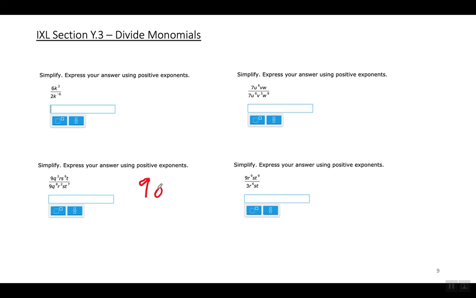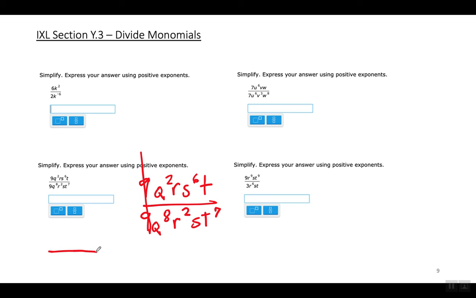So 9q squared r s to the 6th power t over 9q to the 8th power r squared s t to the 7th power. All right, so the 9's cancel out. Look, q to the 8th power on the bottom minus the q to the 2nd power on the top will leave you q to the 6th power on the bottom.